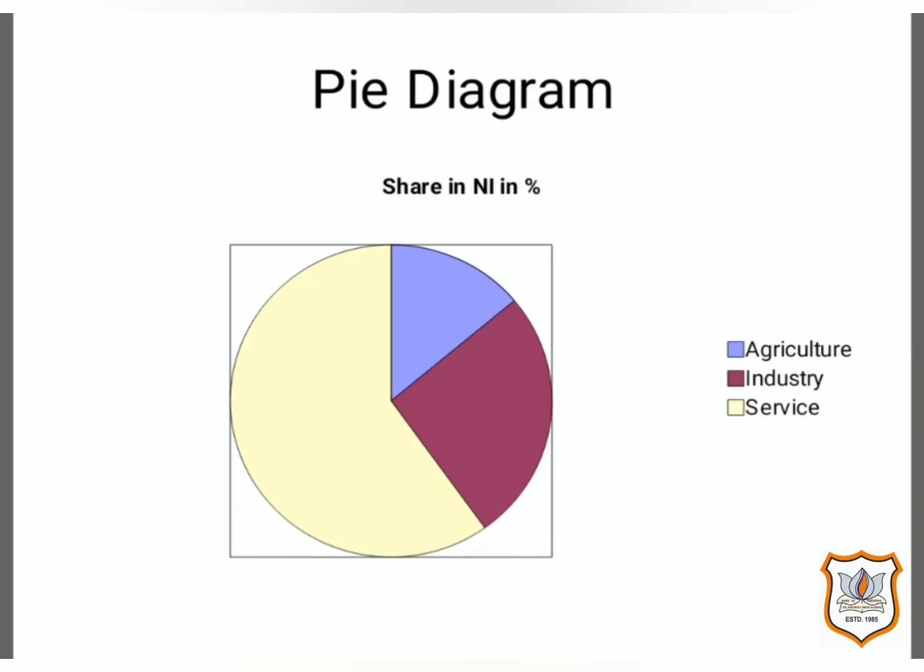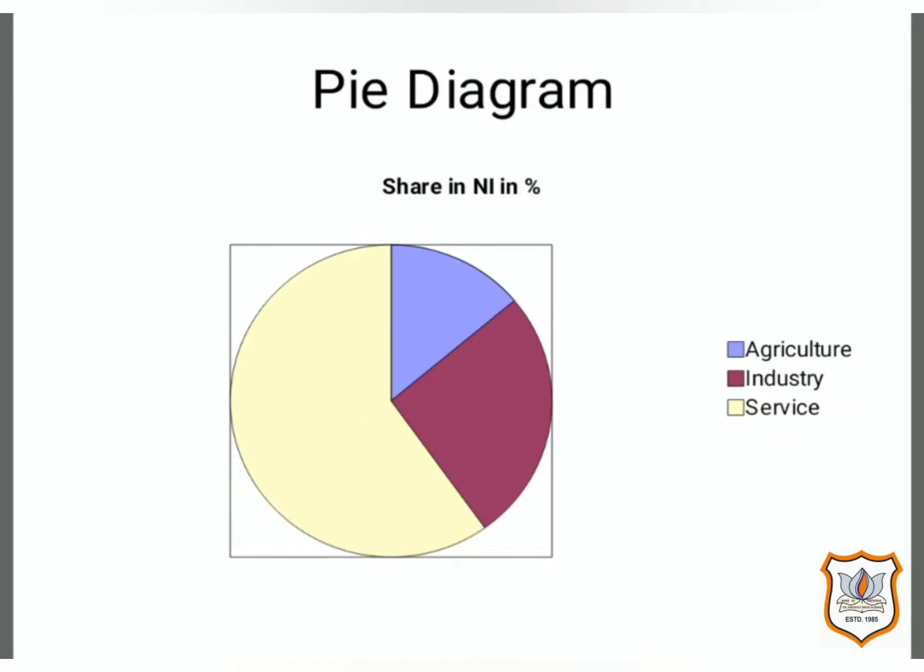Here the numerical data is proportionately converted into degrees, and after considering those degrees, the circle is divided into various sectors. Say for example, the diagram over here shows the share of different sectors in India's national income.